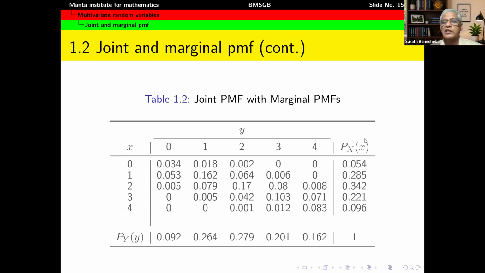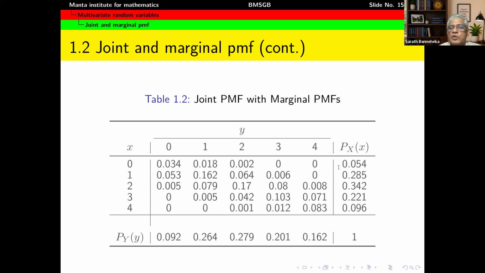So that whole thing collectively gives you the marginal probability mass function of capital X. And similarly, if you add the column values, you get the marginal probability mass function for capital Y, right? So this is P capital Y evaluated at 0. This is P capital Y evaluated at 1 and so on, right?